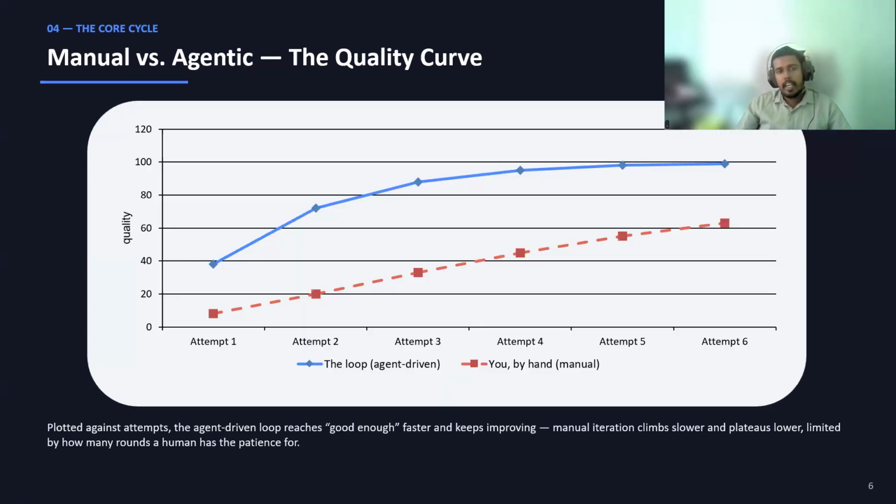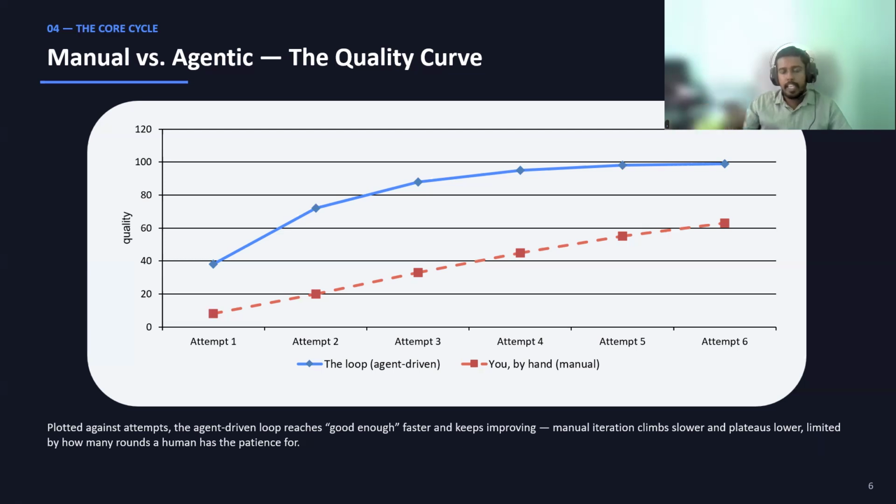This diagram illustrates the difference between the manual and agentic loops. When it comes to manual workflows, the quality of the content does not grow much with the number of attempts, which means it may not give the expected results until we reach the sixth attempt.